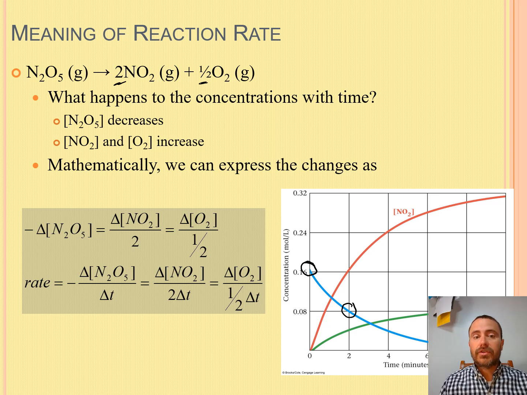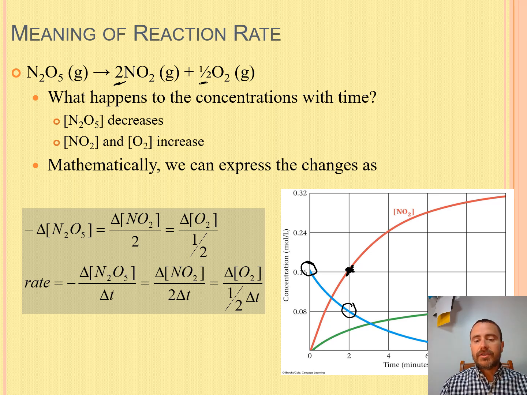So the concentration of it has decreased. At the same time, the NO2 has increased by twice that amount, because of the molar ratio in our balanced chemical equation. So it has gone up to 0.16 moles per liter.